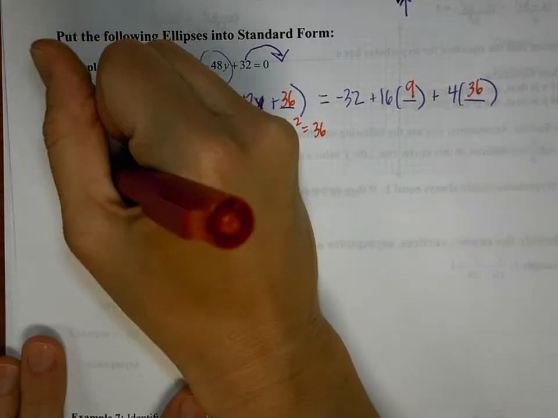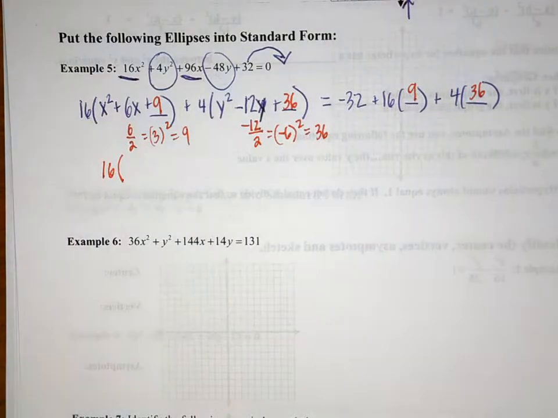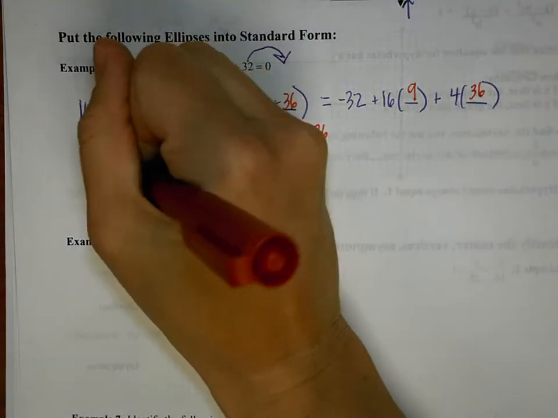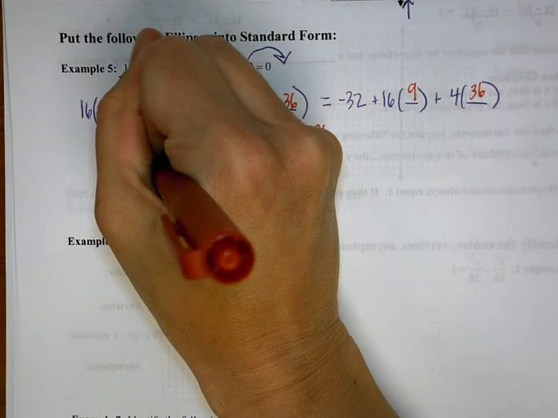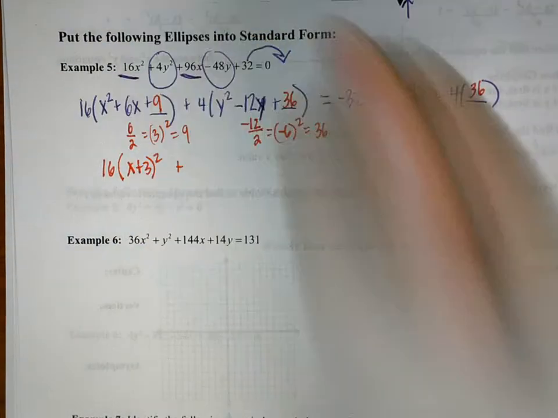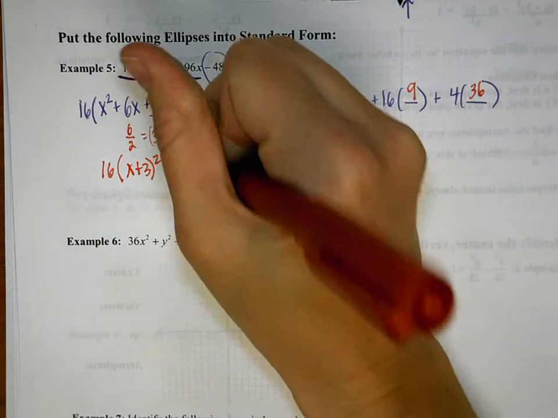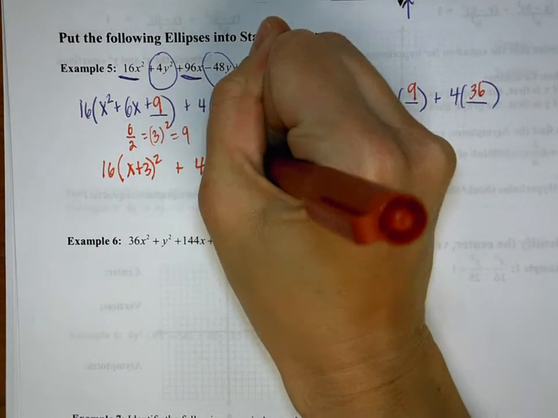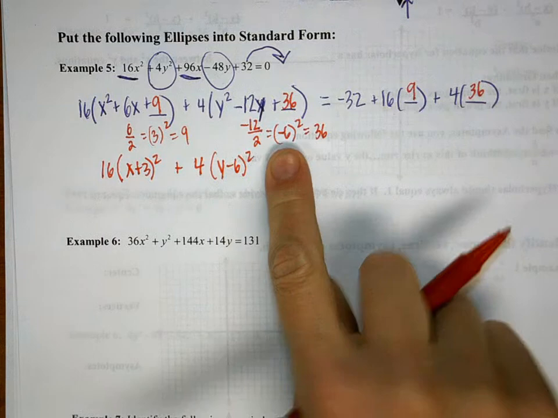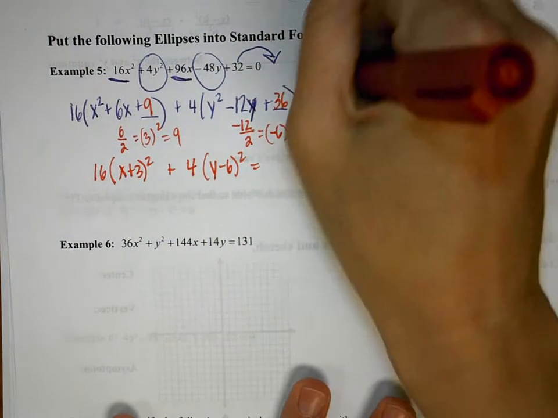Now we are going to write this out. So I have 16, and then we have parentheses, and in the parentheses what? X. Good. x plus 3 squared plus 4 times y minus 6 squared, because remember it's always our half number, equals, and now we're going to have a little bit of math over here.